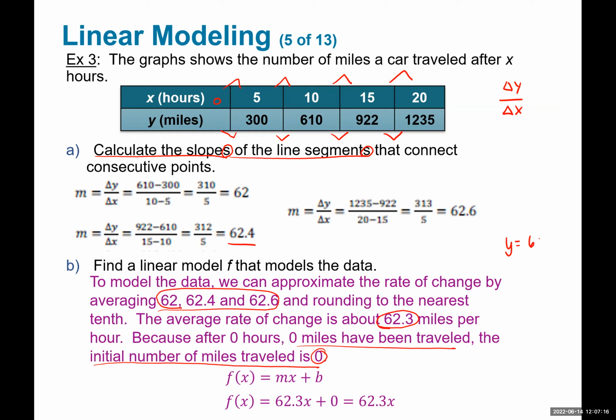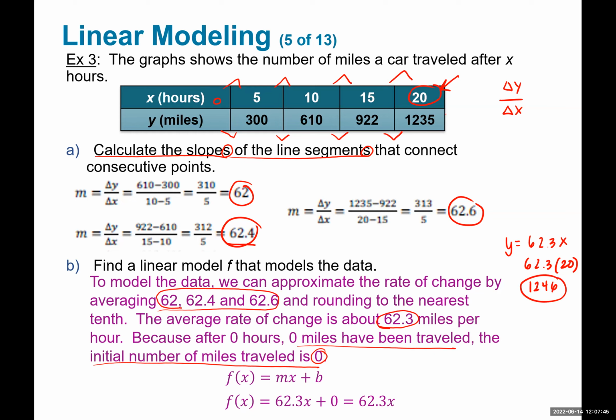Let's say our equation is 62.3 times x, which we got because we had 3 different slopes and we had to average them together. And let's say we're going to go for 20 hours driving, 62 miles per hour for 20 hours. Use my calculator. I got 1,246.